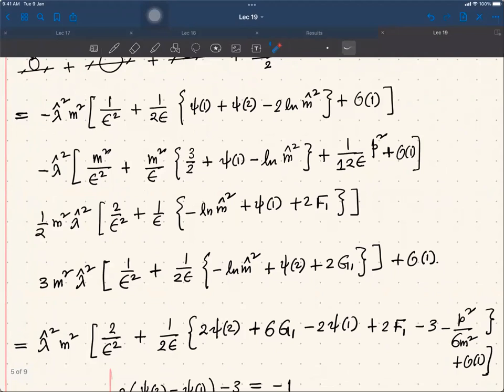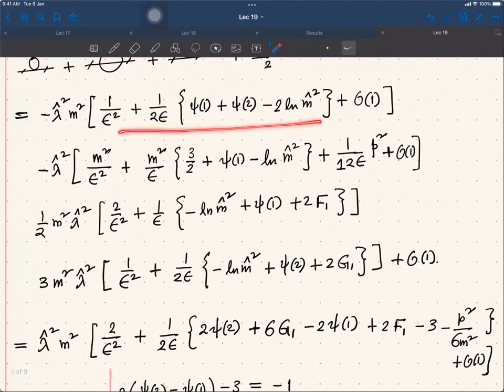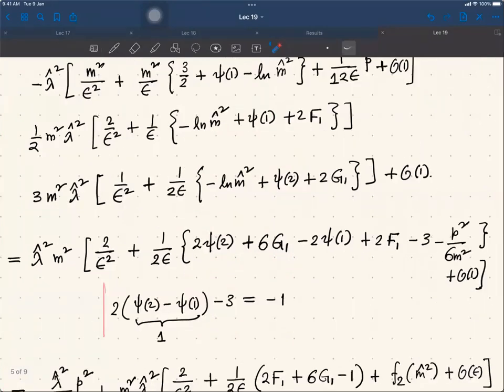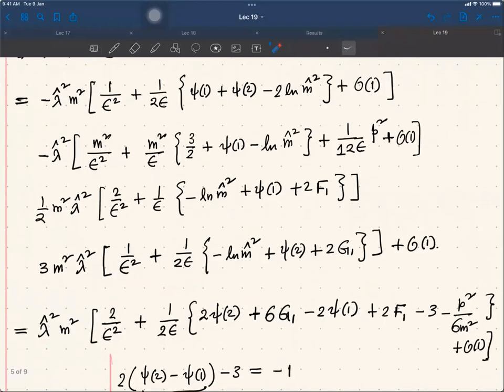You see, each individual diagram had log m hat square in the residue. Not this one, no, this is the result. So these 4 expressions, each one of them had log m square. But in the final expression, log m hat square has cancelled. All these log m hat square cancel. This is the first indication that something is happening here.